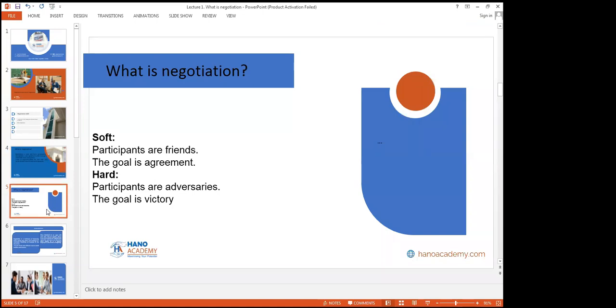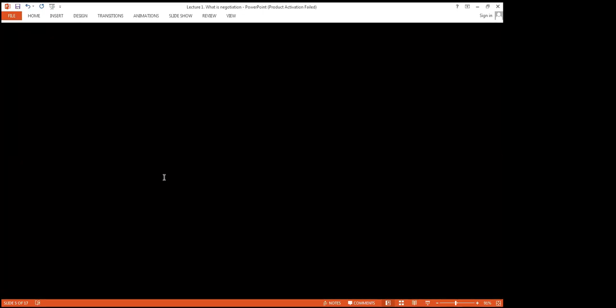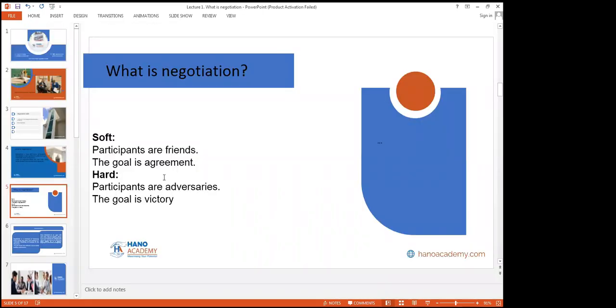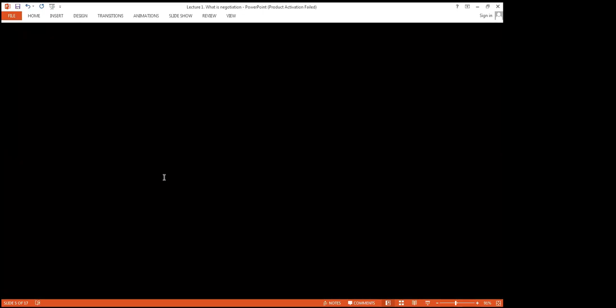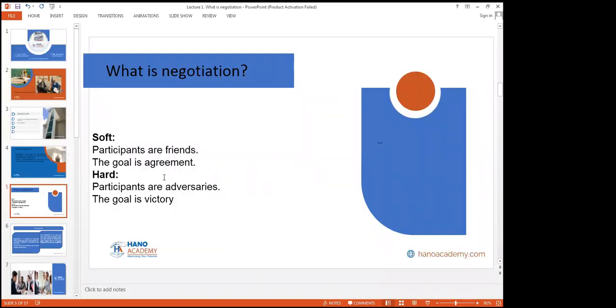So negotiation can be seen as soft and hard. When we say that negotiation is soft, what do we mean? Participants in this case are friends. The goal of negotiation is agreement.